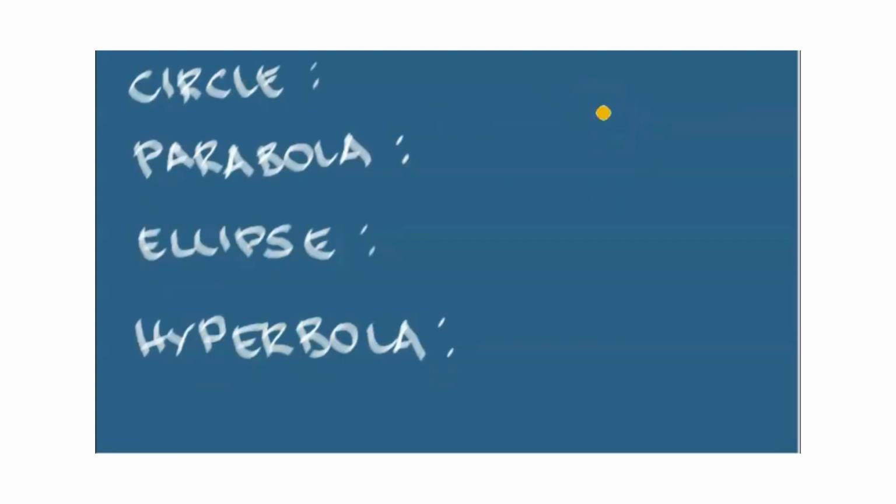To recap our lesson for today, we will know the equation is a circle if the coefficients of x squared and y squared are equal and positive. So you have an x squared and a y squared, and their coefficients are equal.